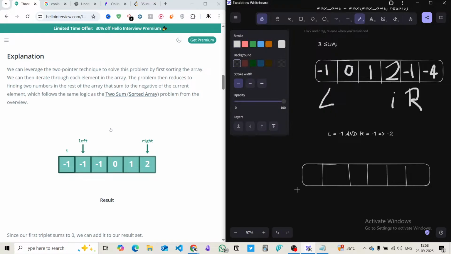So we sort this out. The answer we get is -1, -1, -1, 0, then 1 and then 0.